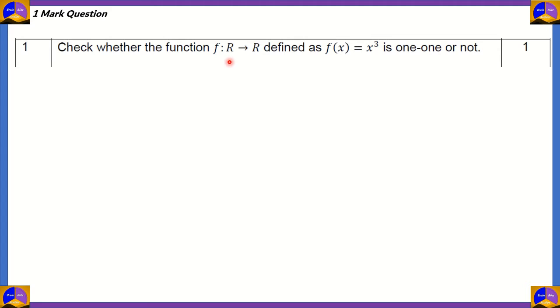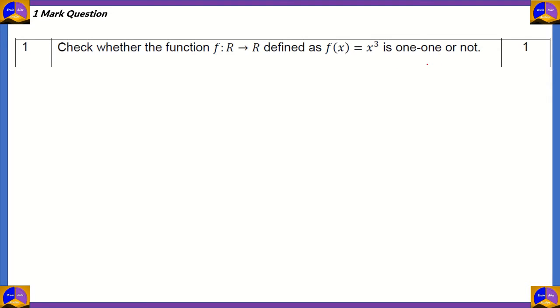So we need to find out whether the function, which is defined between real numbers, is a one-one function or not. That means every element in the domain of this function will be connected to at least one element of the range of this function. That is what is called a one-one function.